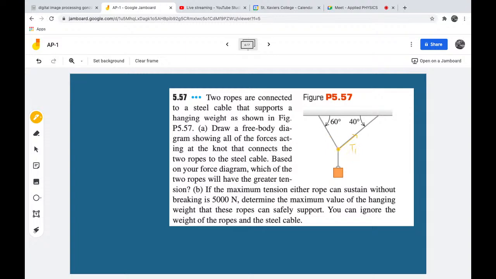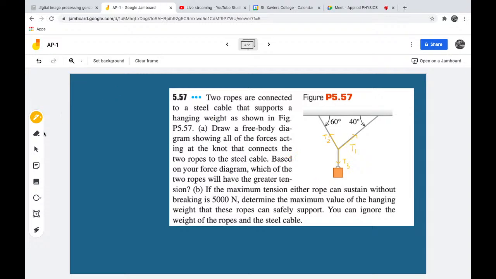Tension in this cable. Remember, these are different cables. They are not the same cables. So you cannot have same tension in all of them. So this is my T2, and tension in this part of the cable is T3.